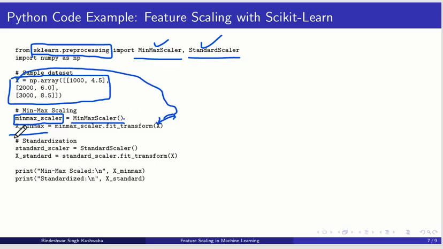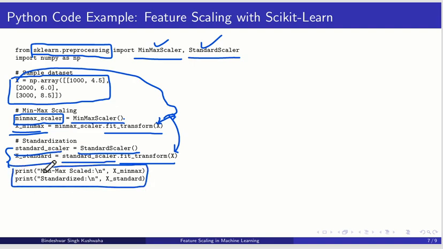So we will get X min-max. In the same way for standardization, we will create an object, and this object will call fit_transform, like here, and we will pass X. So we will get X standardized, and thereafter we can print both.